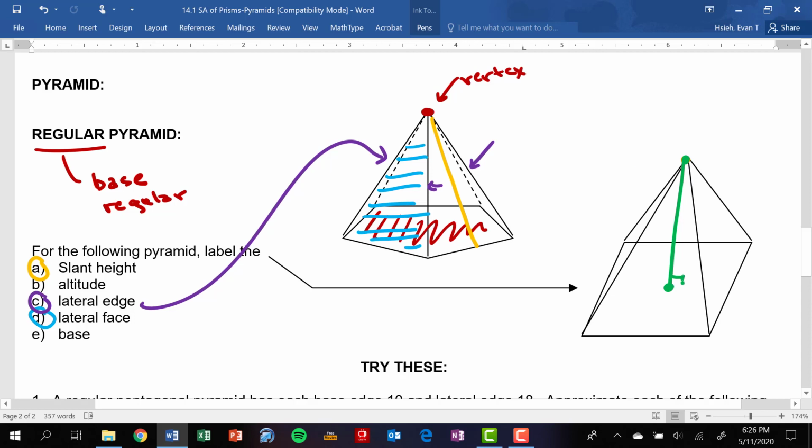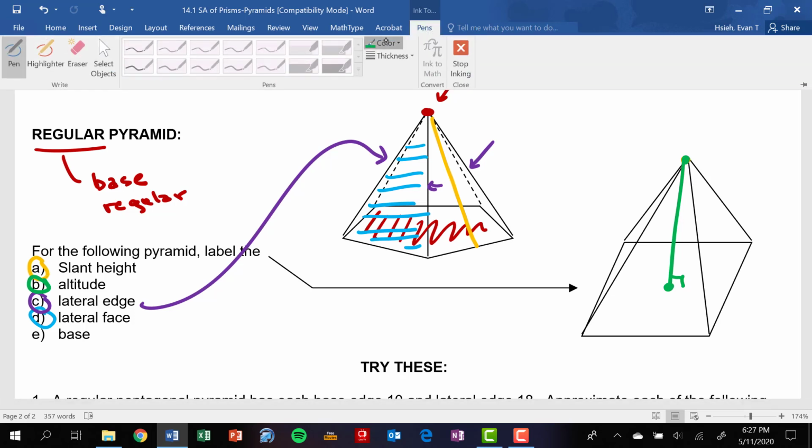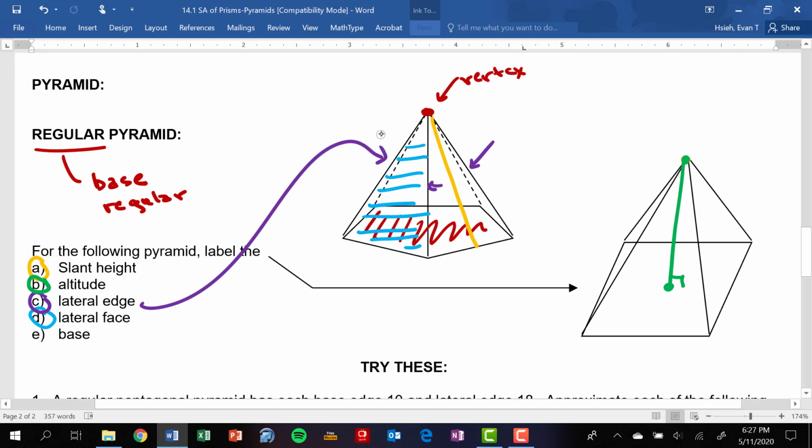And it's going to be forming a right angle right there. So that's going to be our altitude. And of course the base is going to be down here. In this case it's going to be a square. In this case it's going to be a regular pentagon.